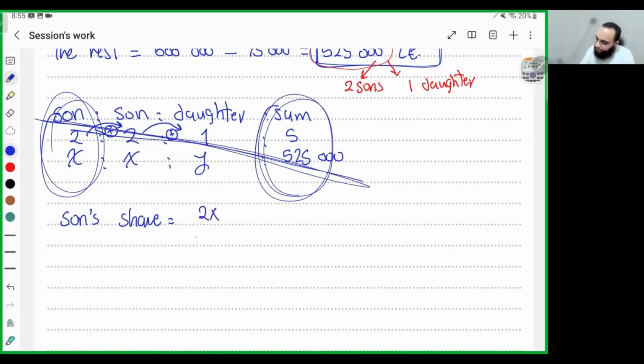So the son's share is 2 times 525,000 over 5. Again, it's 2 times 525,000 over 5. Tell me the daughter's share.